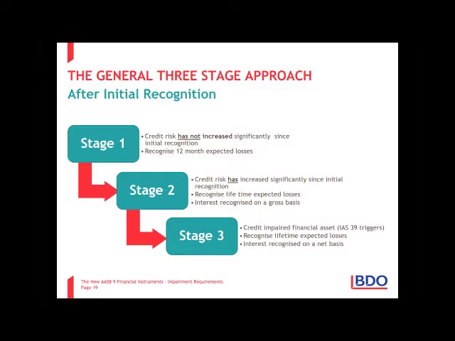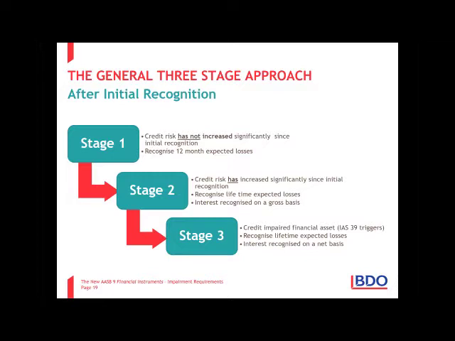However, if the credit risk has increased significantly since initial recognition, we would now move over to stage 2 and we would recognize lifetime expected losses. The other thing to remember is for stage 1 and stage 2, your interest continues to be recognized on a gross basis.